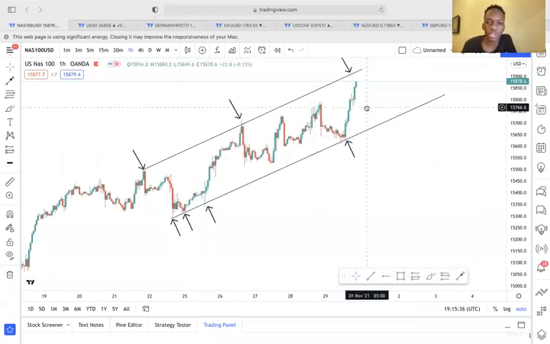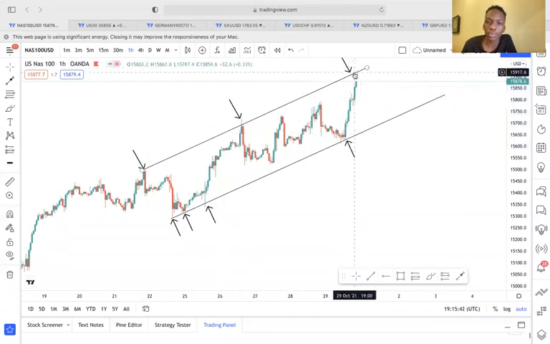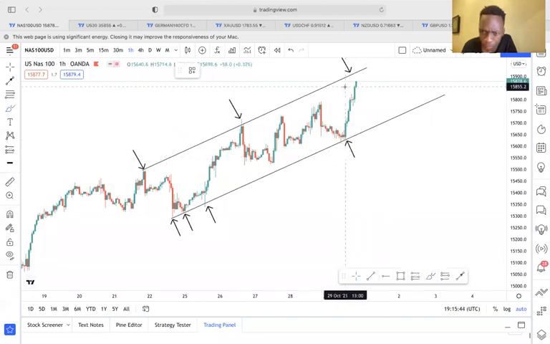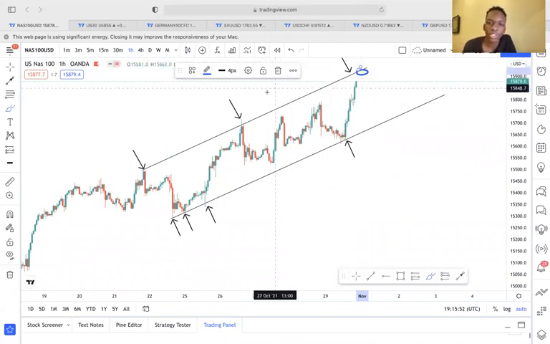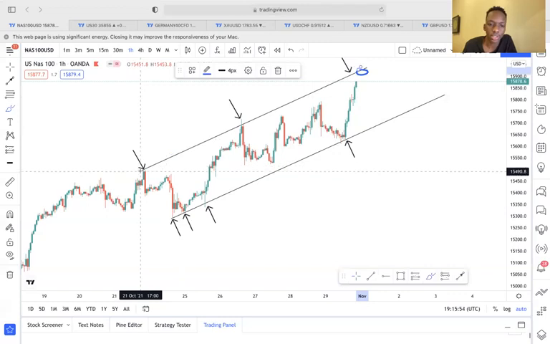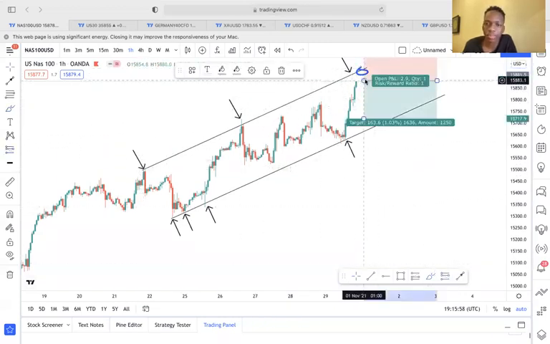So let's wait for Nasdaq to continue pushing up until it reaches this trend line. And if we get some sort of wick rejection, if Nasdaq respects our trend line, like if we close below, if we get anything, guys, doji, strong wick rejection, as long as this trend line is obeyed, then we can anticipate sells.